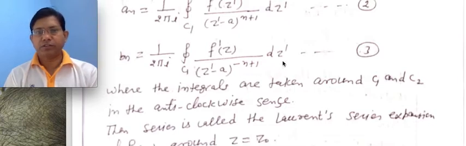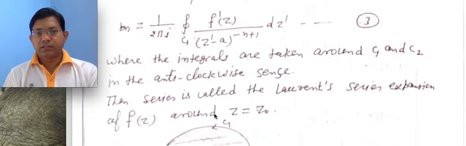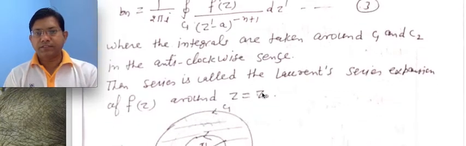This is equation 3, where the integrals are taken around C1 and C2 in anti-clockwise sense. Then this series is called Laurent series expansion of f(z) around z equal to z naught.